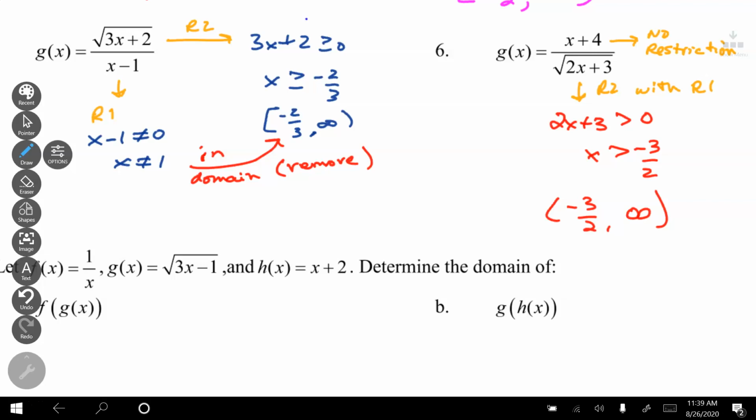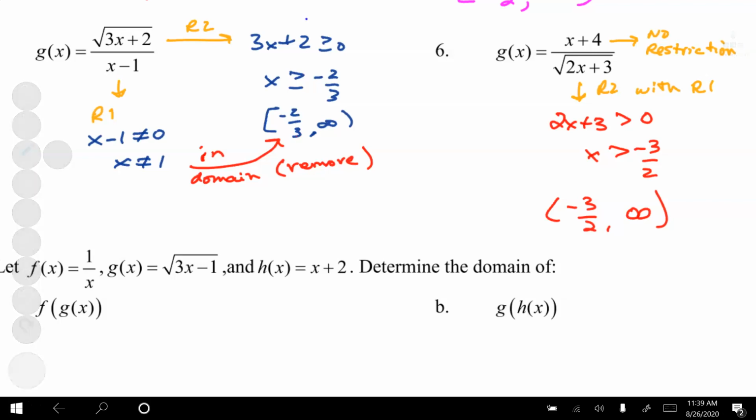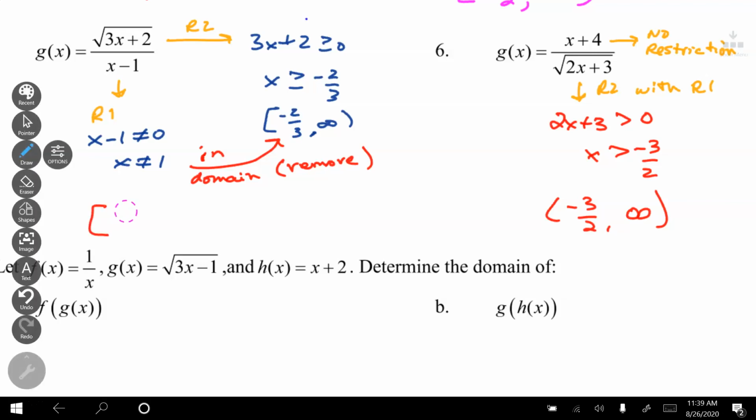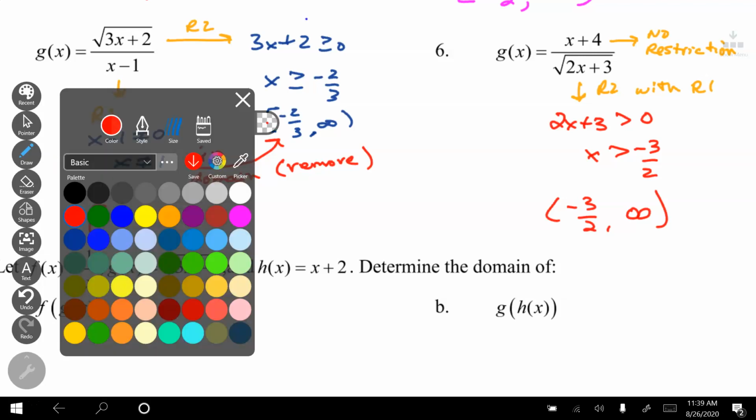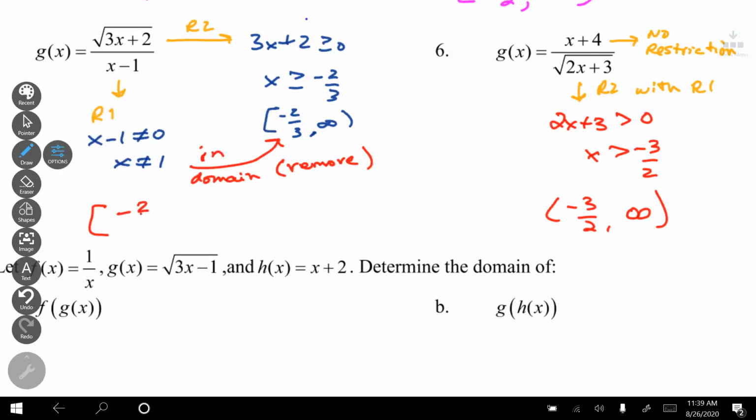Okay, so number 5 is rule number 2 and rule number 1, just like number 4. I set them both up. I realize right now I have a restricted domain from rule number 2 of including negative 2/3 to infinity. Rule number 1 is I can't use 1, and that's in the domain. So now I have to remove that from this. So I have to do negative 2/3 to 1, parentheses union 1 to infinity.